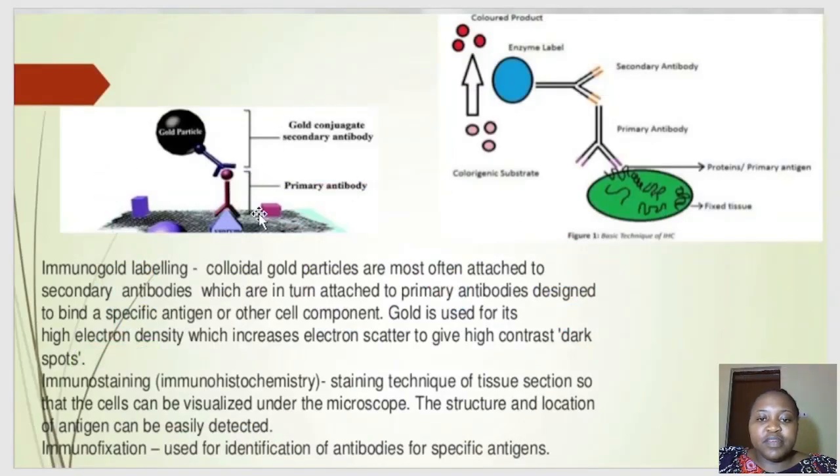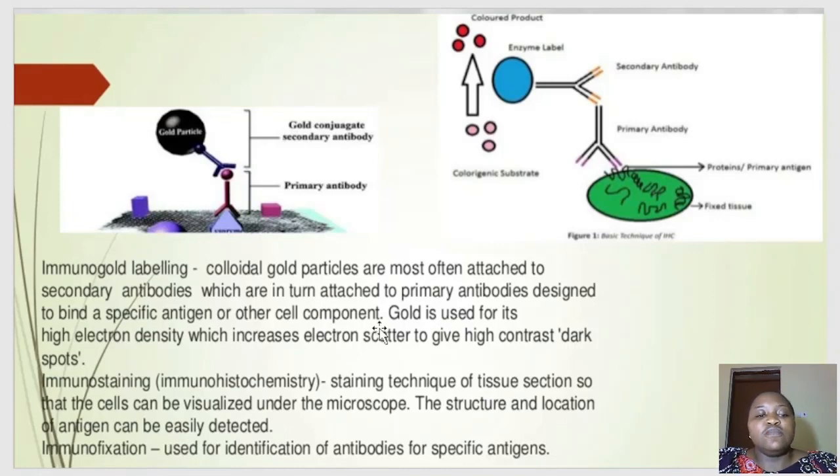So this is the pictorial. You have your ultrastructural image, you raise an antibody against, let's say, this antigen, your primary antibody, then you add a gold-conjugated secondary antibody. The reason for gold, or what we call immunogold labeling, is that colloidal gold is most often attached to secondary antibodies, which in turn are attached to the primary antibodies that have bound to your specific antigen.